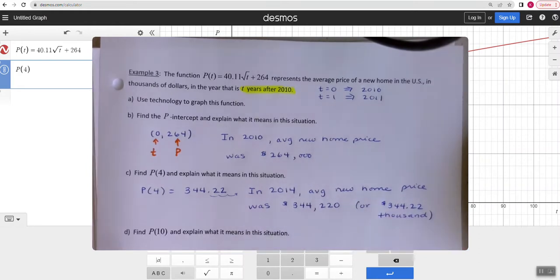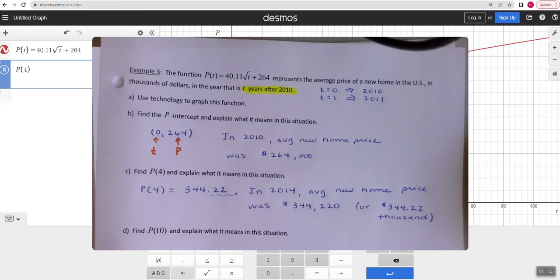Do be sure your reader is seeing that thousand, though, one way or the other. Otherwise, we all want to go back to 2014 and buy a new house for $344.22, right? So you want to avoid the misconception that will happen if you don't somehow show that you're working in thousands of dollars.